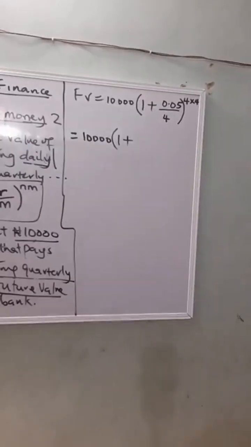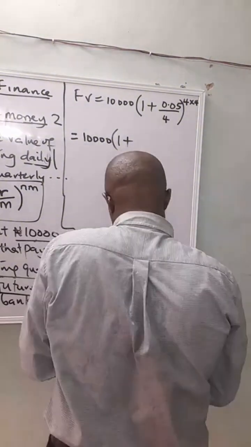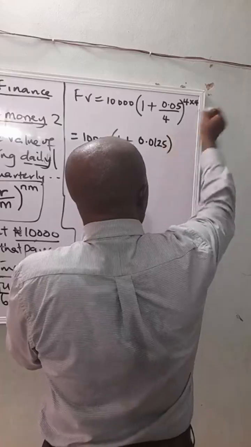With the calculator, we divide 0.05 by 4, and we have 0.0125. 4 times 4 is 16.